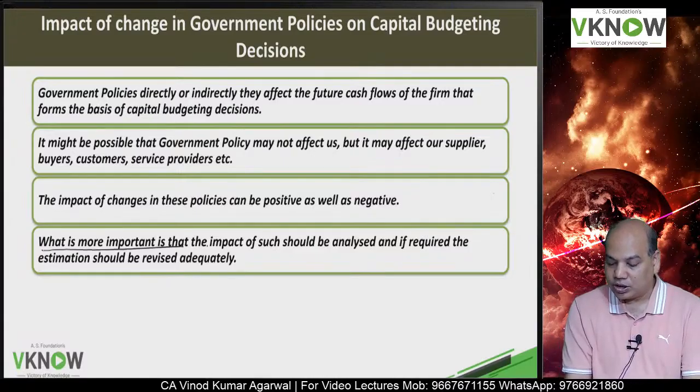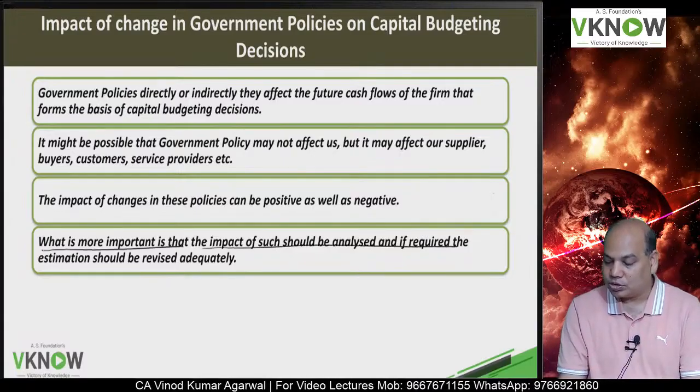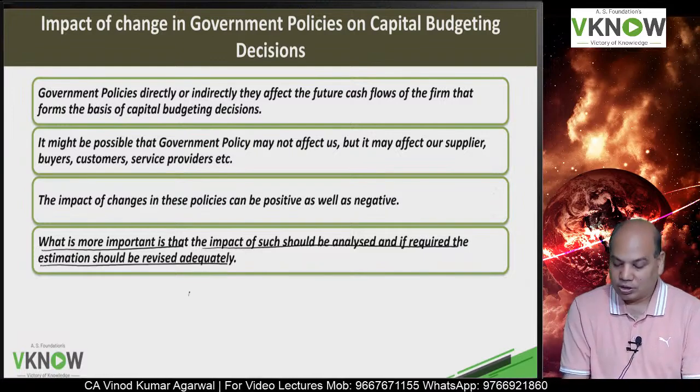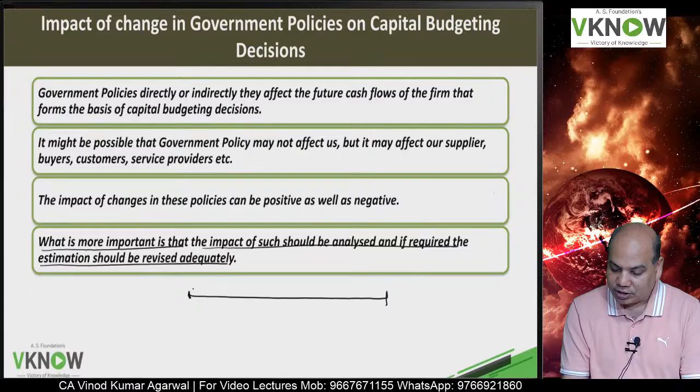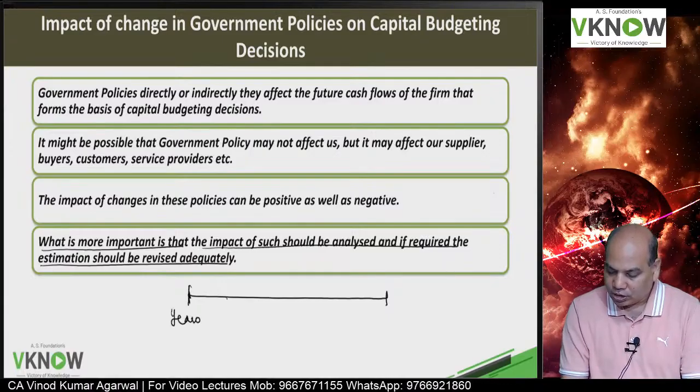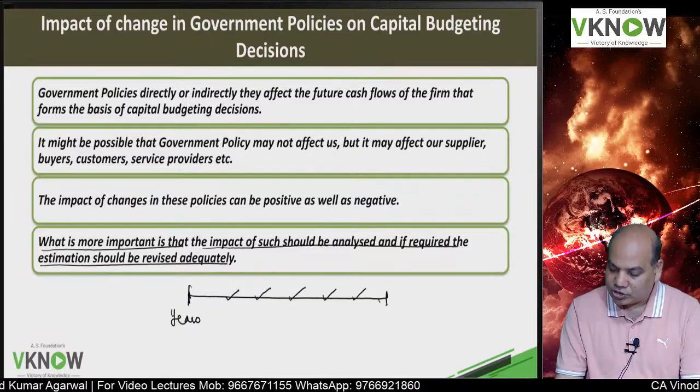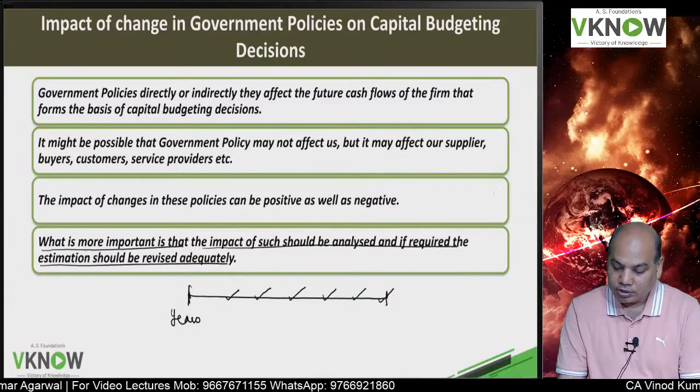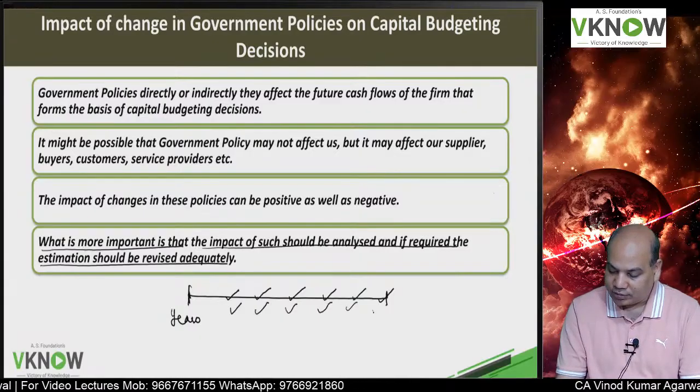What is more important is that impact of such policies should be analyzed. If required, estimation should be revised adequately. So when you are doing capital budgeting programming in year 0, you have to visualize, can the government policy change in future? If yes, how your cash flows will be affected?